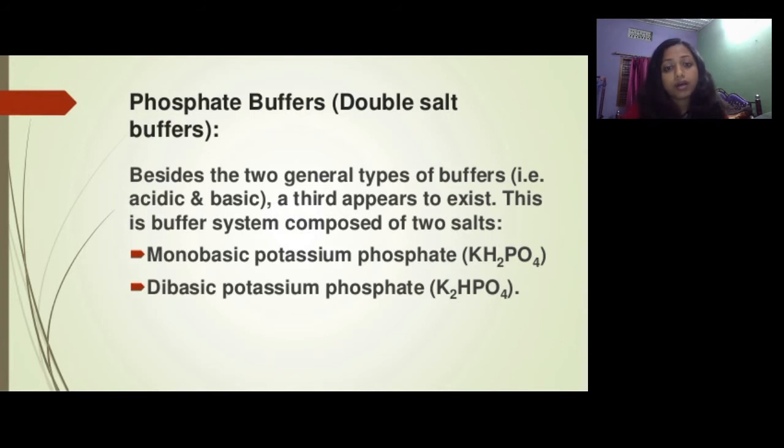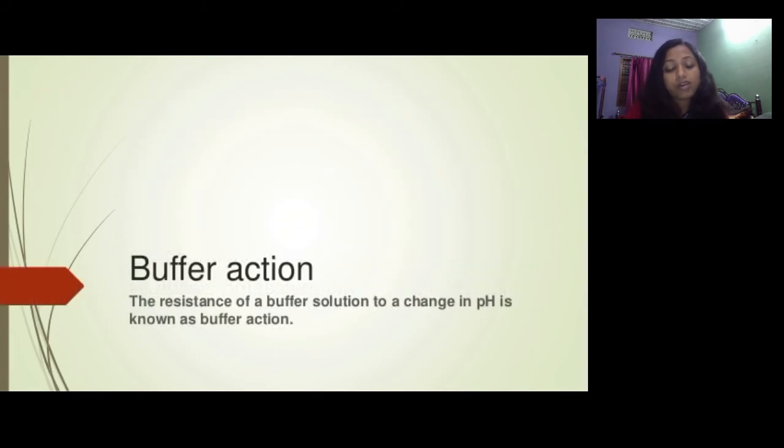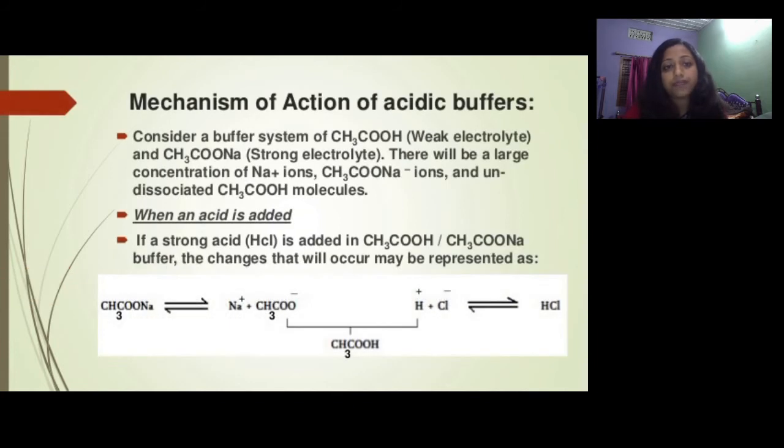Actually, there are two types of salt. Two salts are mixed here. One is monobasic potassium phosphate and the other is dibasic potassium phosphate. This is a mixture of these two compounds. Now, what is buffer action? Actually, the resistance of a buffer solution to a change in pH is known as buffer action.